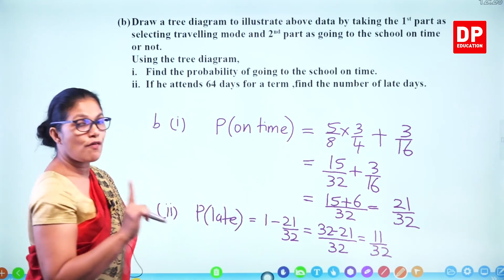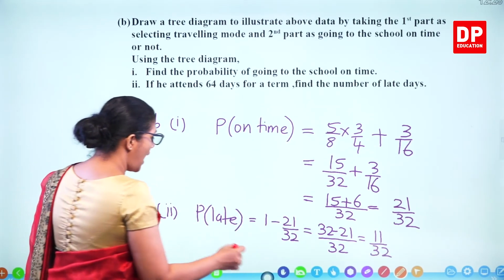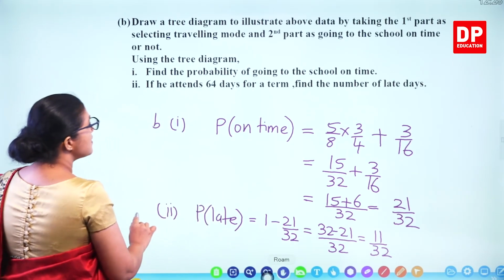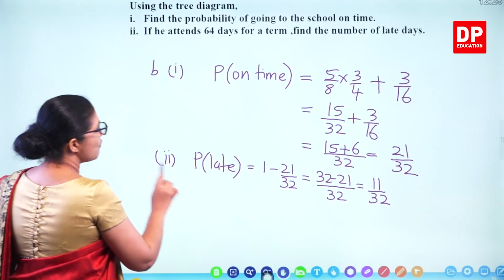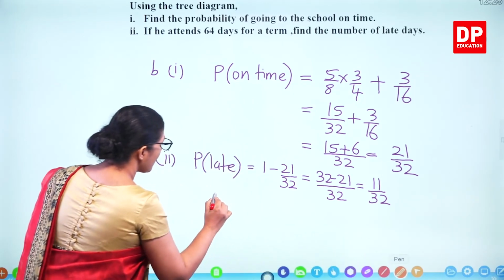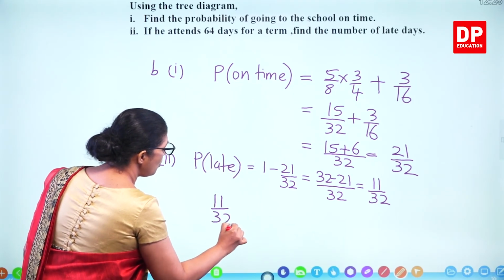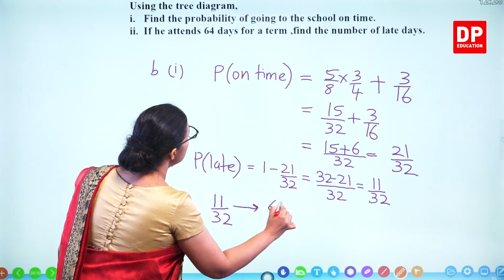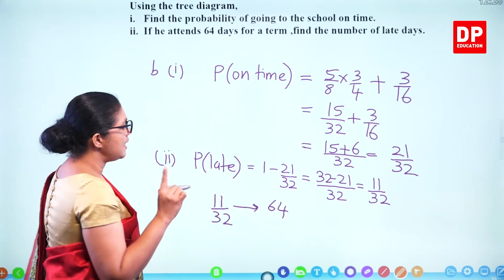That's the probability of being late. So 11/32 of 64 days. How many late days are there?